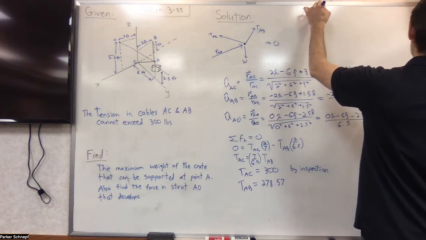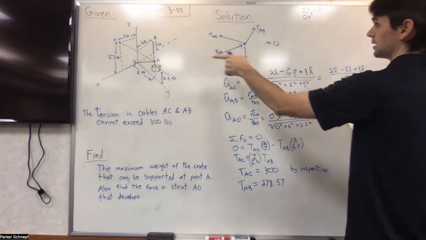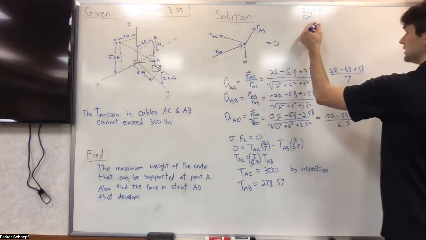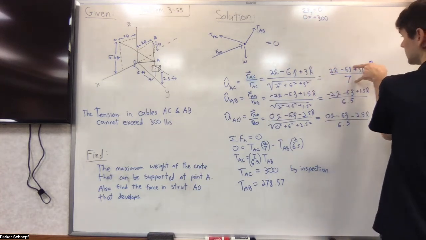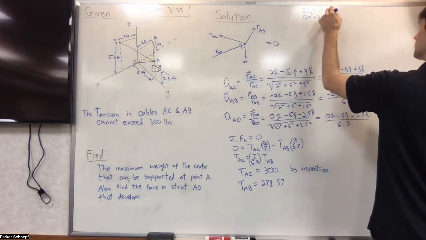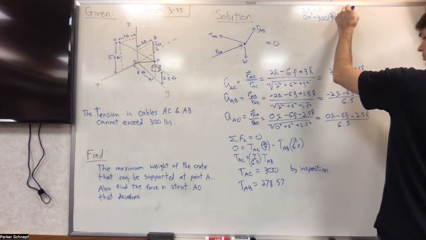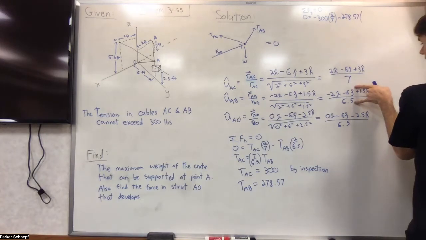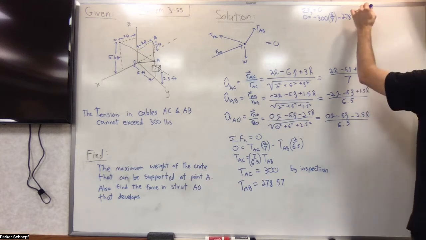Sum of forces in Y equals 0. So in Y, TAC, TAB, and FOA all have a Y component. W has no Y component. So TAC is going to be minus 300, that's the magnitude, and the Y part of TAC, so 6/7. Then minus TAB, 278.57, and its Y component you can find by multiplying that by 6 divided by 6.5.